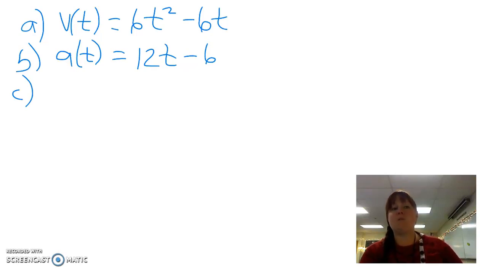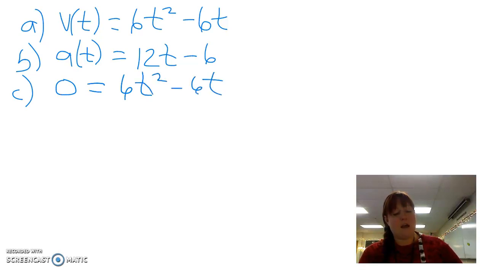Okay, so when is it at rest? That would be when the velocity is equal to 0. Now, that doesn't mean when time equals 0, right? So we're not going to put 0 in for time. We're going to say the velocity, which is v of t, is going to be equal to 0. Okay, so the velocity is equal to 0, and then we solve. So we say 6t squared minus 6t equals 0, and we solve this.